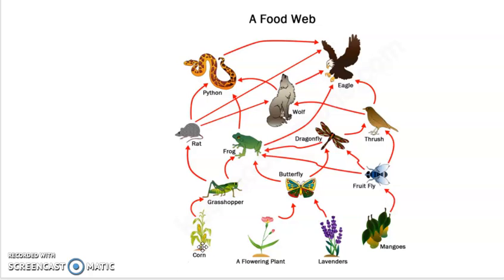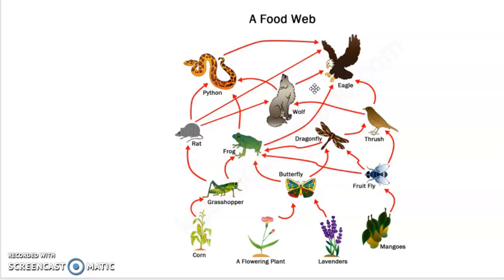So let's study this one. Let's start from the corn. Corn is a first trophic level producer, and a grasshopper can consume corn, but this grasshopper can be consumed by a frog and a rat. And if we follow the frog in our food web diagram, it can be eaten by a snake or by an eagle.